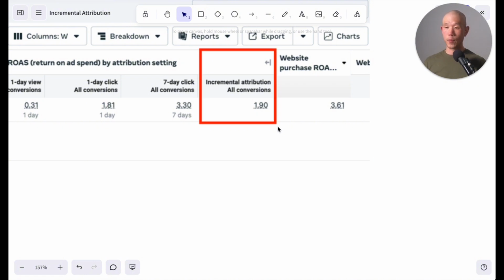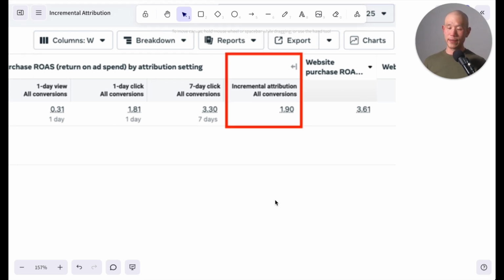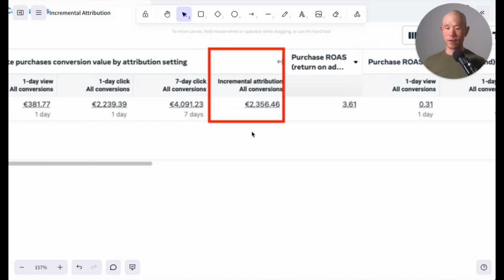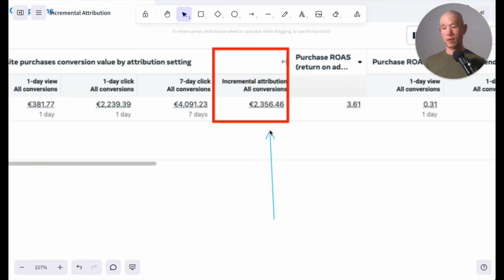It's an approximation, which is why we don't use it in isolation. We don't make decisions just based off the data that we see here. We make decisions instead based on patterns. What we see in the incremental column, what we see in 7-day click and 1-day click, and the Shopify revenue. And of course, our daily tracking either in spreadsheets or you can feel it in the bank account.